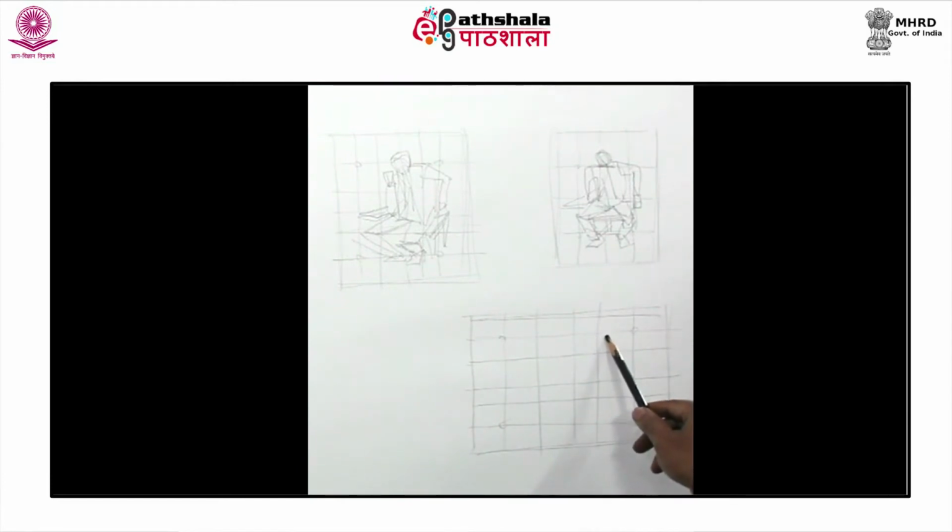The horizontal composition is usually preferred when the model is sitting in profile. The space is always more where the model is looking, so that the vision can travel.